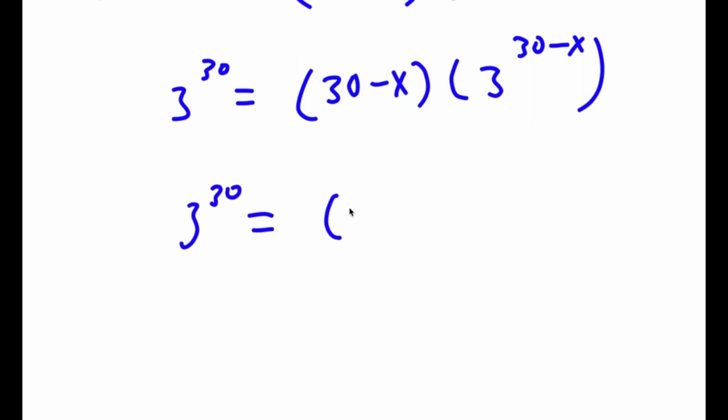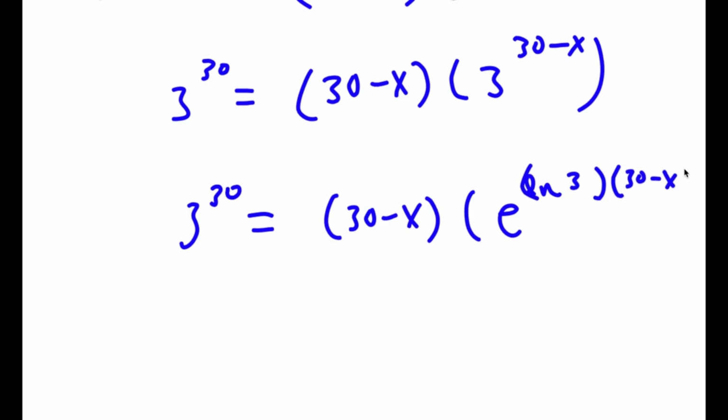I'm going to write this as 30 minus x times e to the power of ln 3 times 30 minus x, because e and ln cancel out, so everything over here simply stays the same.